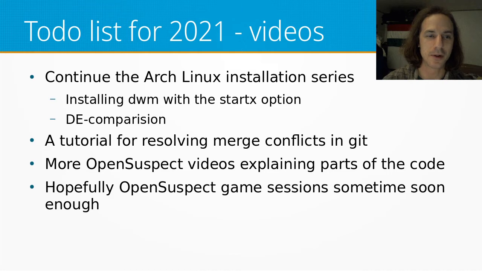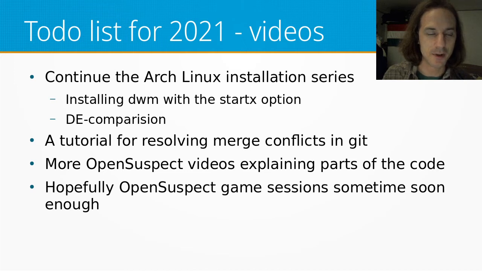I would like to install DWM with the StartX option, because there's already a video of me installing a regular desktop environment, I think it's the Budgie desktop environment, with a graphical login screen and things like that. But I think going with the StartX option, so starting with the command line and starting the graphical interface from the command line, is maybe a better way to get a deeper understanding of how the graphical environment works.